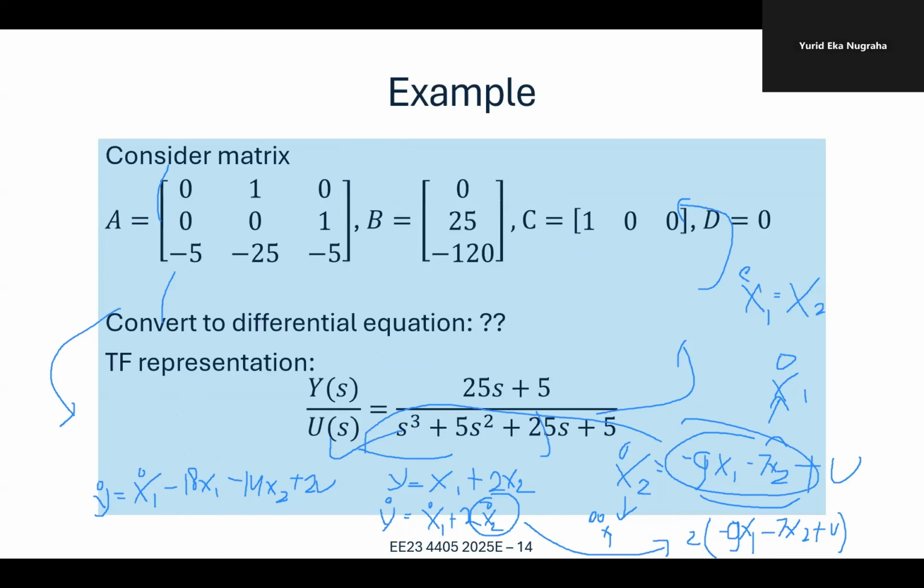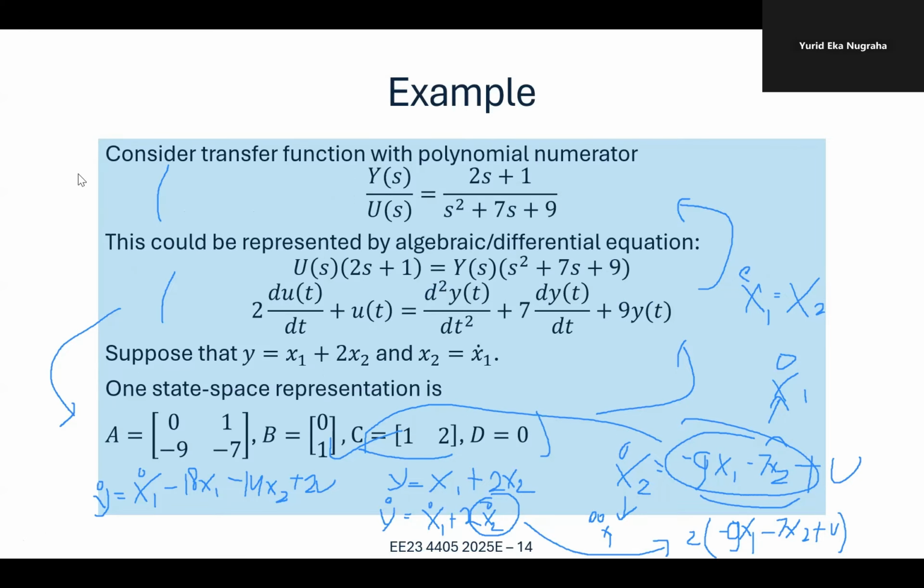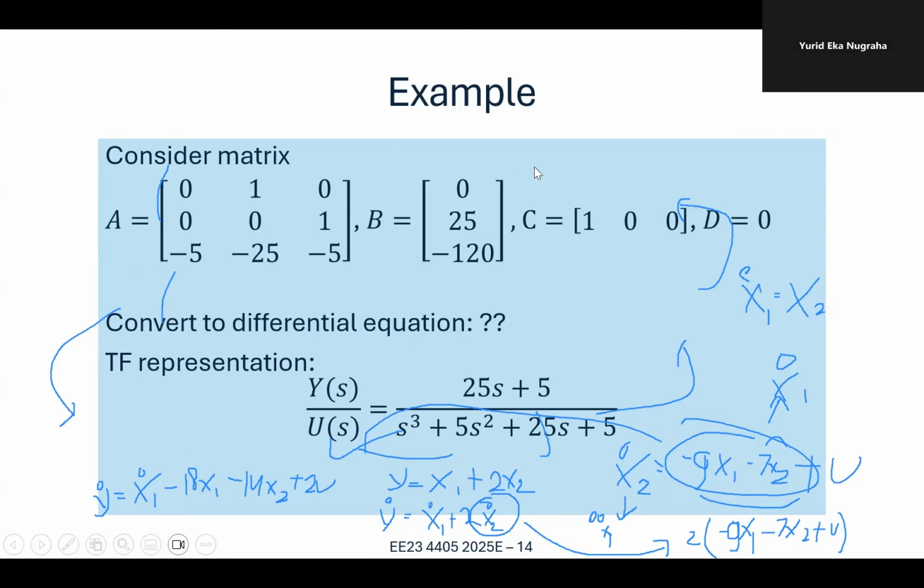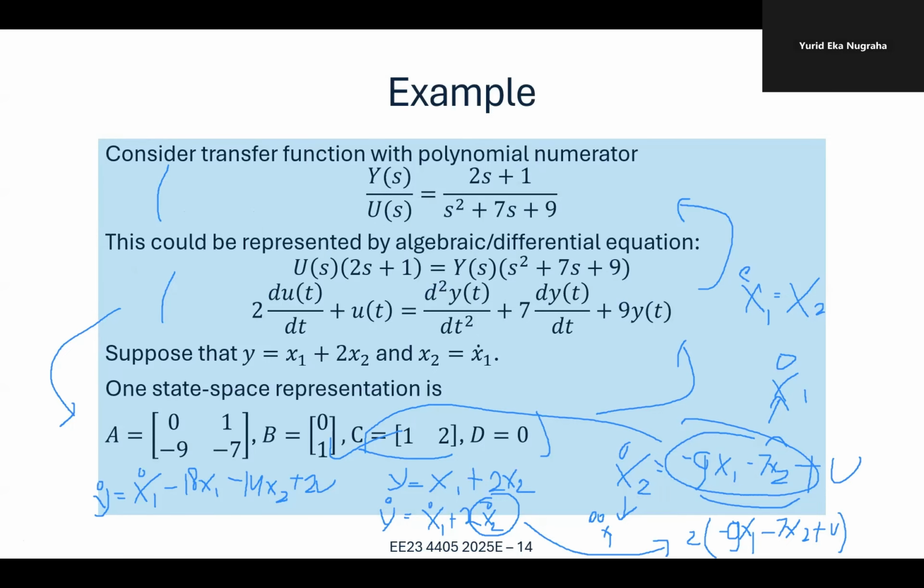Okay, so then the next example here would be this matrices. So the one here we have is A, B, C, and D. So the previous one is a little bit tricky because we have polynomial, but now we do not have polynomial anymore.